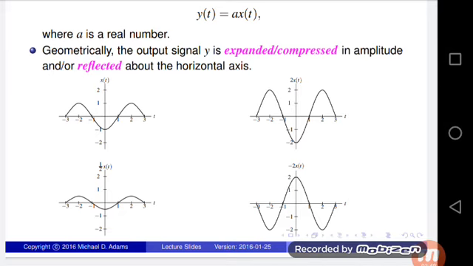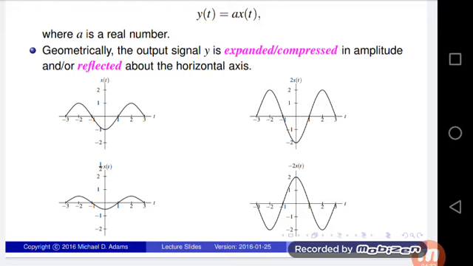Then it can be compressed. For example, see the third diagram, half x of t, and the upper diagram x of t. The x of t amplitude lies between +1 and -1 with +3 to -3 time intervals.